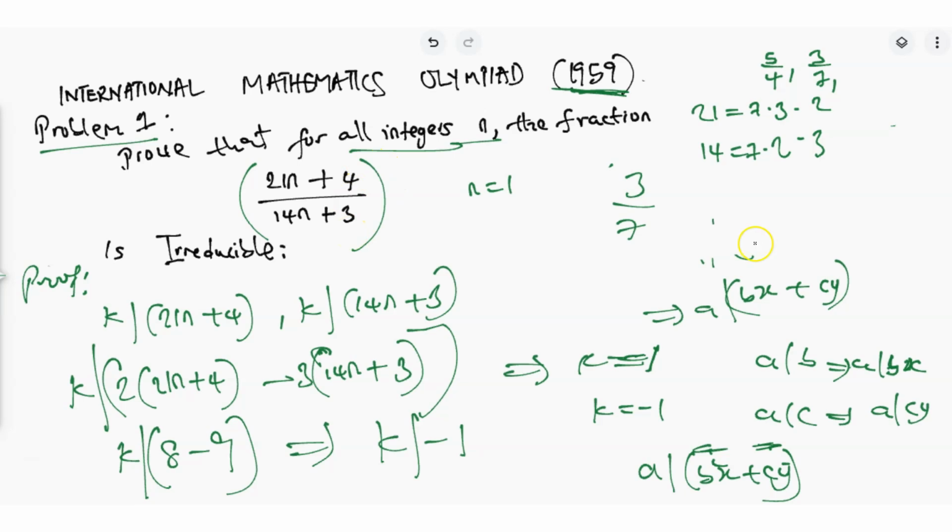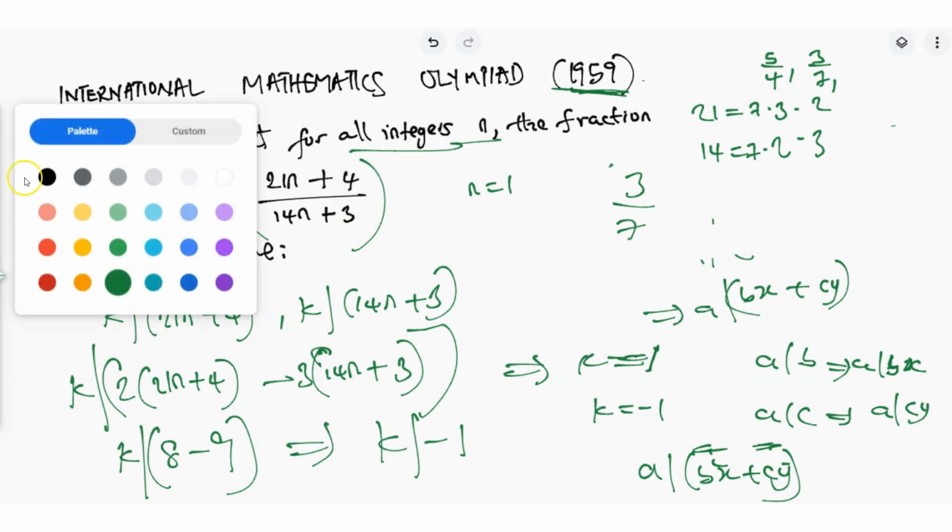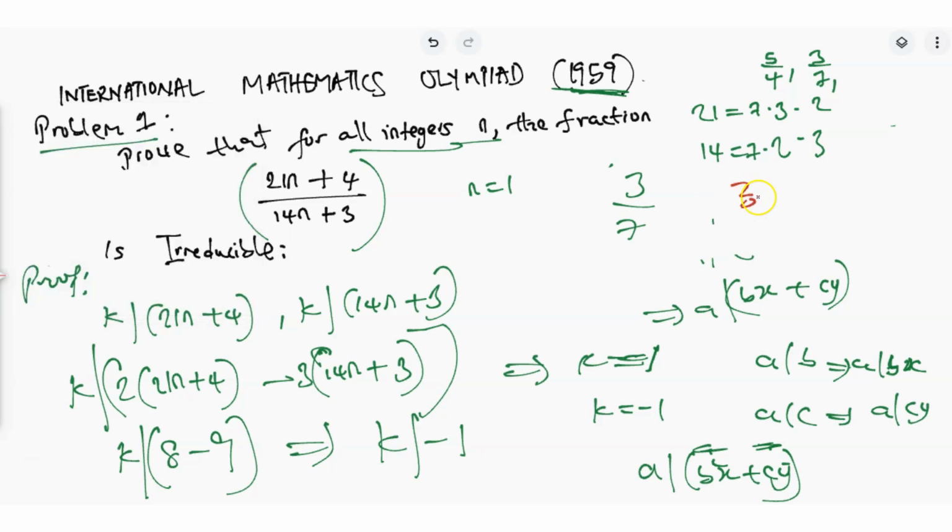And observe that if you are given similar problems in the future, maybe you are asked to evaluate, let me say, 3n plus 7 and 15n plus 2. You are asked to maybe prove that this expression is irreducible, or to find the factors or whatever. Actually, you can do this. Any number that can divide 3n plus 7 and 15n plus 2 should be able to divide their linear combination.